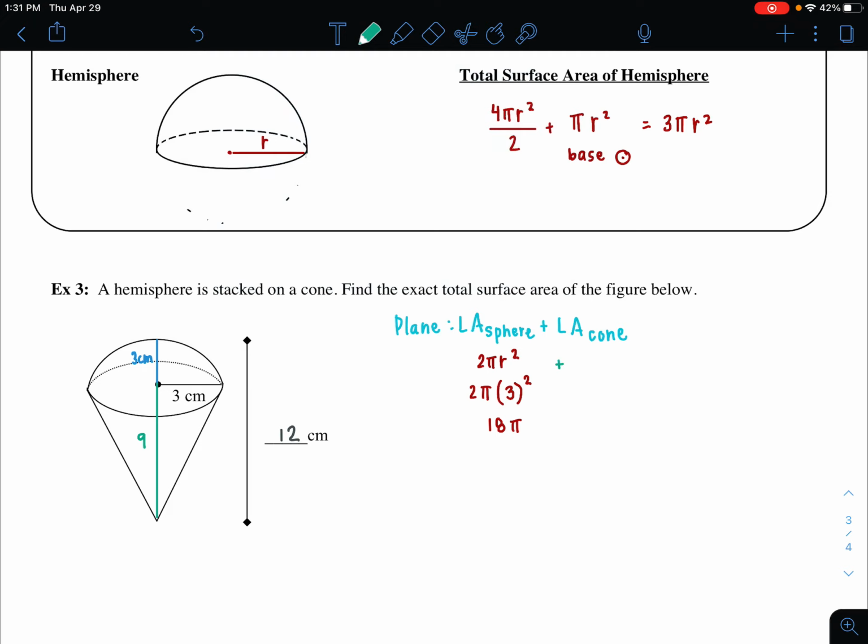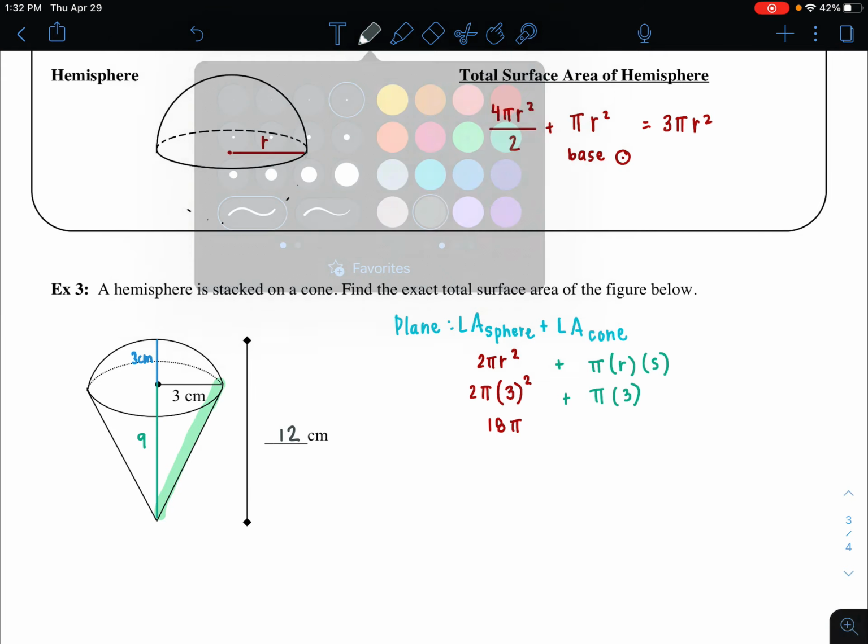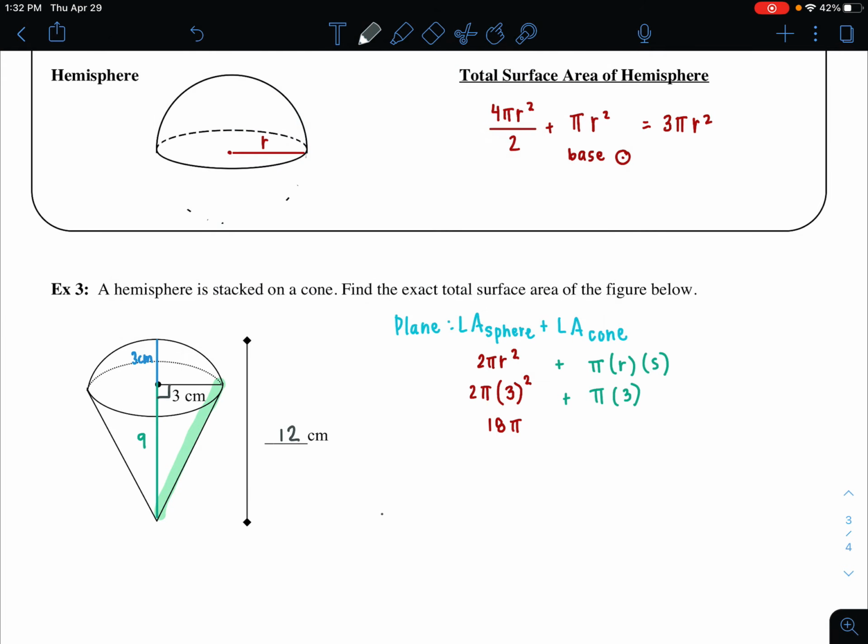Now we know that the lateral area of a cone is pi times r times our slant height. We know that our radius is 3. We now need to figure out what's our slant height. Lucky for us, this makes a right triangle.